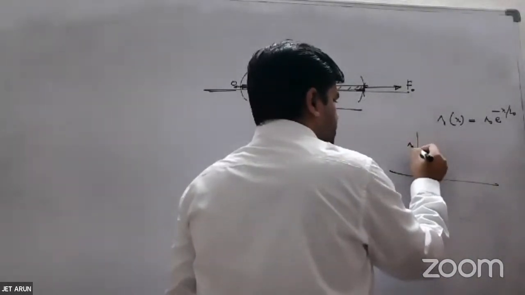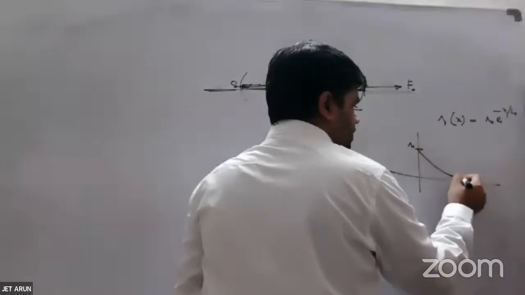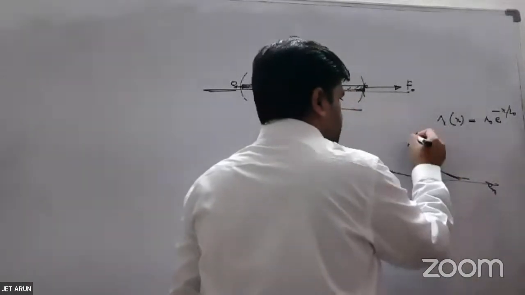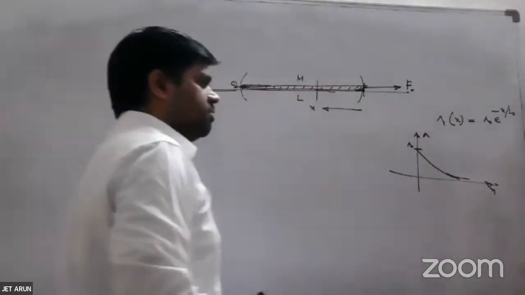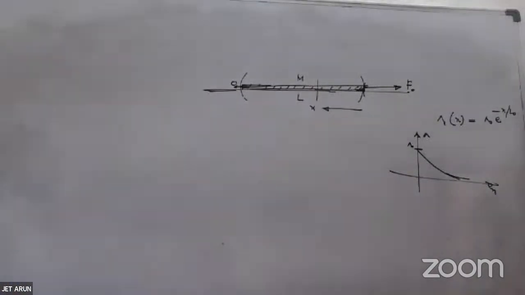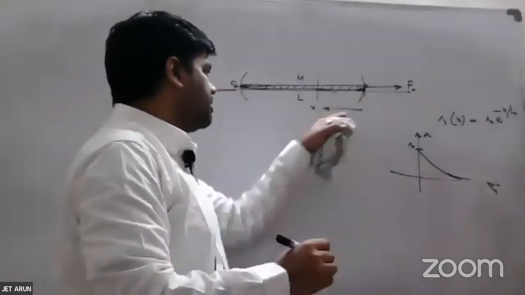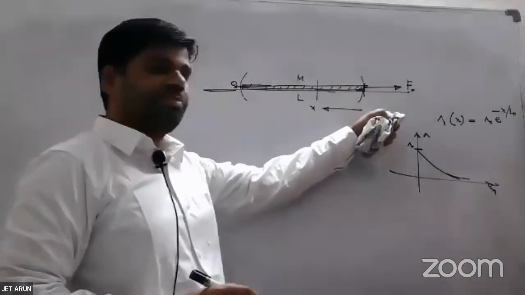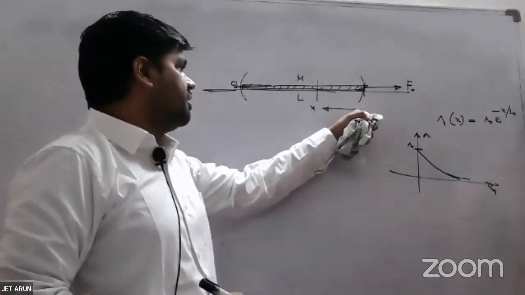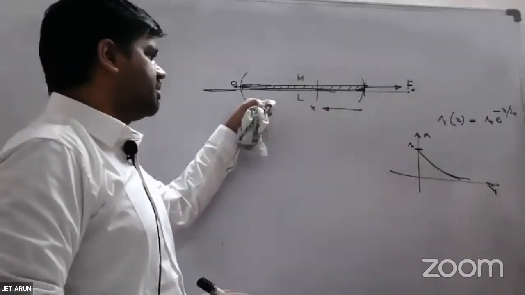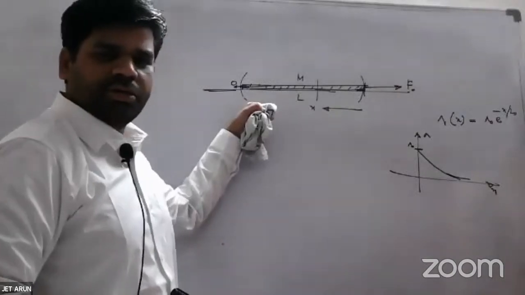Initially it's lambda naught, and it varies like this with x. That means it's thicker at x is equal to 0. X is measured from the end where the force is applied. Thicker at this end. As I go away, it's getting thinner and thinner.